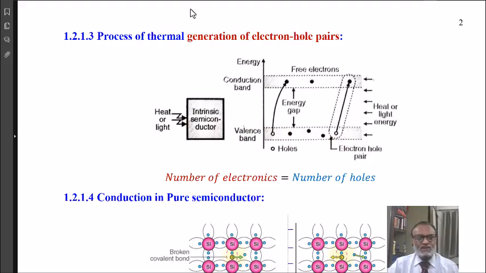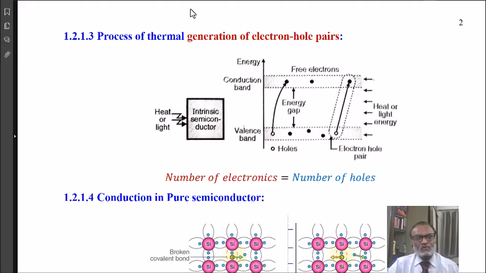It has positive charge in the form of hole in the valence band and it remains immobile. Whereas the removed electron, due to the supplied external energy, if that energy is sufficient, will be shifted to conduction band as shown and available as a free charge carrier.